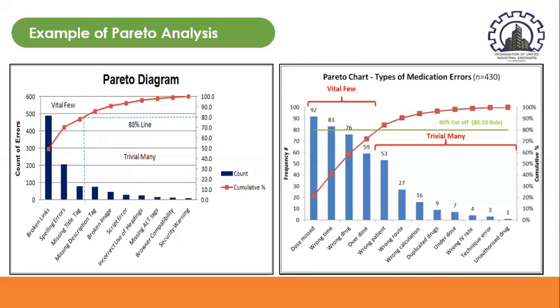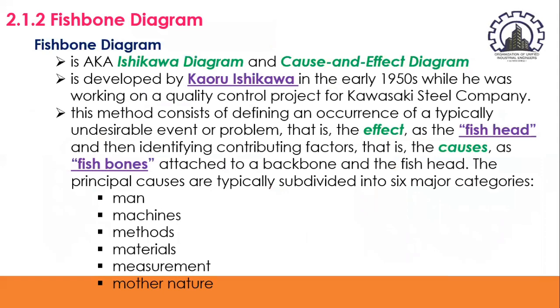Okay, and the next exploratory tool that we have would be called Fishbone Diagram. And as mentioned earlier, Fishbone Diagram is also known as Ishikawa Diagram and Cause and Effect Diagram. Now, as you can see, it was developed by Kaoru Ishikawa in the early 1950s while he was working on a quality control project for Kawasaki Steel Company.